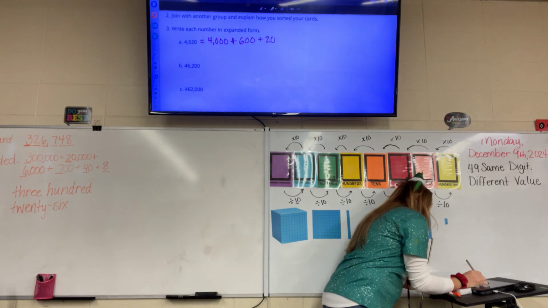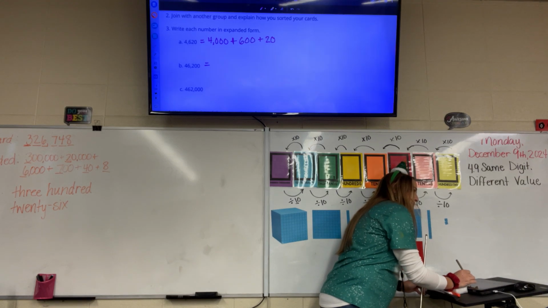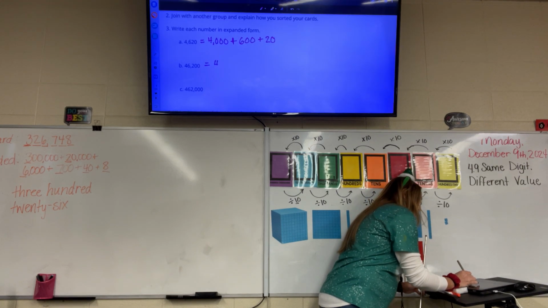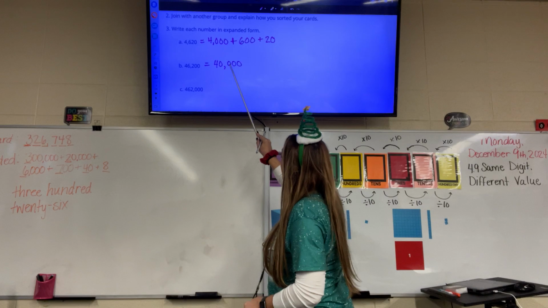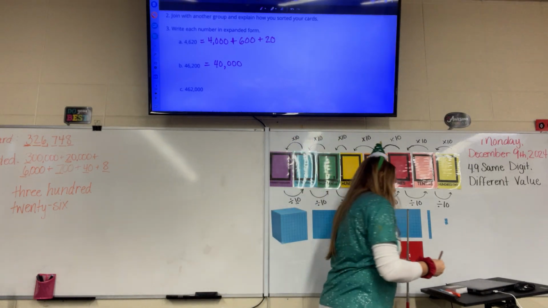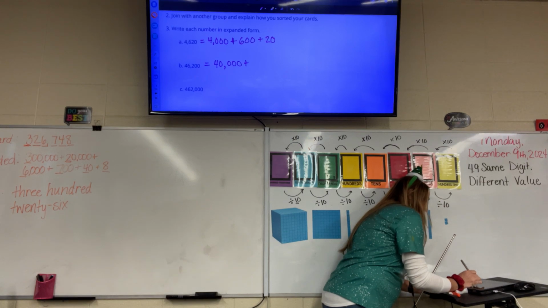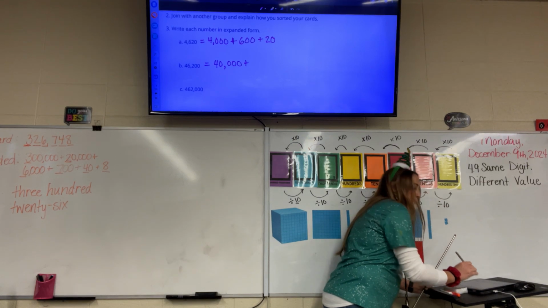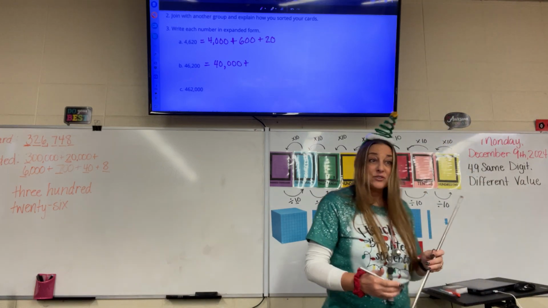All right, on the next one, what is the value of the 4, Jackson? 40,000. Yes, 40,000. And if you'll notice, there are 1, 2, 3, 4 digits behind it. So there's 1, 2, 3, 4 zeros behind it. Evan, what's the value of the 6? 600. Wait, no, 60. Wait, 6. What place is that 6 in? 6,000. 6,000, right?